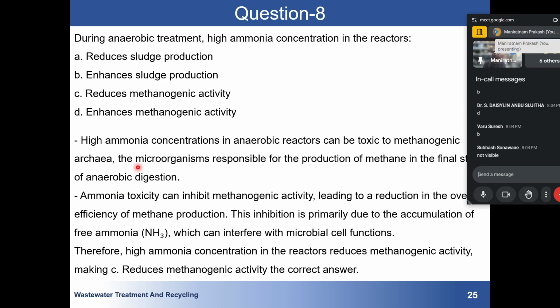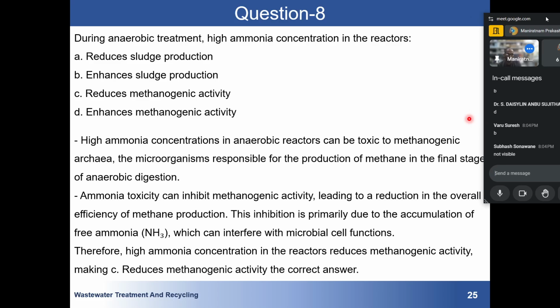This high ammonia in anaerobic treatment can be toxic to methanogenic archaea, the microorganisms responsible for production of methane in the final step of anaerobic digestion. Ammonia toxicity can inhibit methanogenic activity, leading to a reduction in overall efficiency of methane production. So this ammonia is toxic to them.